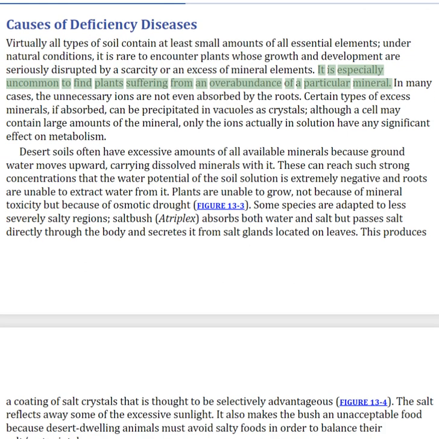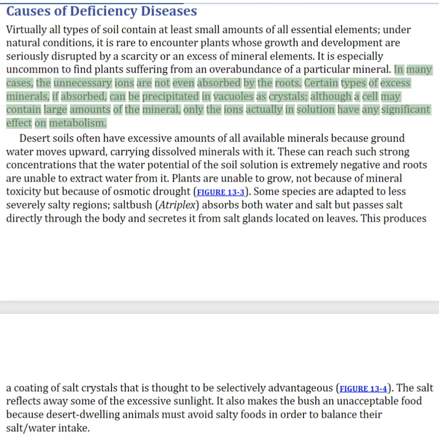It is especially uncommon to find plants suffering from an overabundance of a particular mineral. In many cases, the unnecessary ions are not even absorbed by the roots. Certain types of excess minerals, if absorbed, can be precipitated in vacuoles as crystals.